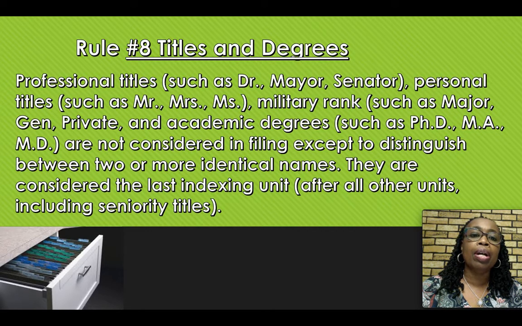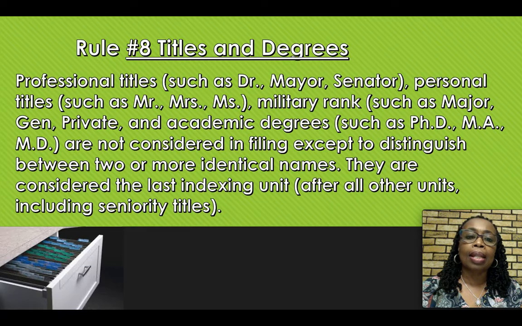They are considered the last indexing unit after all other units, including seniority titles. Let's look at it.